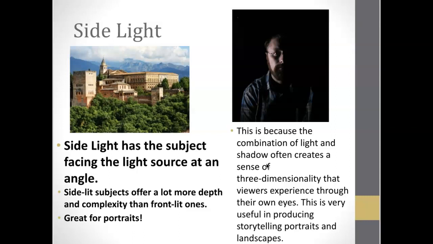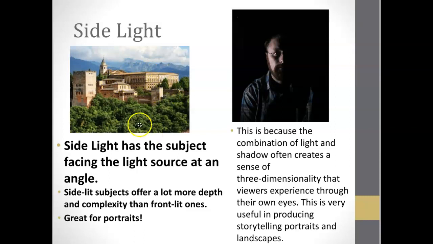Side light is having your camera facing towards your subject and your light at a 90-degree angle towards your subject on one side or the other. So with side light, you're going to have a little bit more complexity show up in your picture. For example, this image taken with side light using the sun, you can see the sides of the building a little bit differently because one side is darker and one side is brighter.